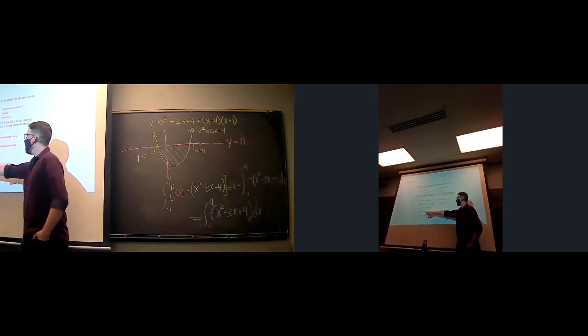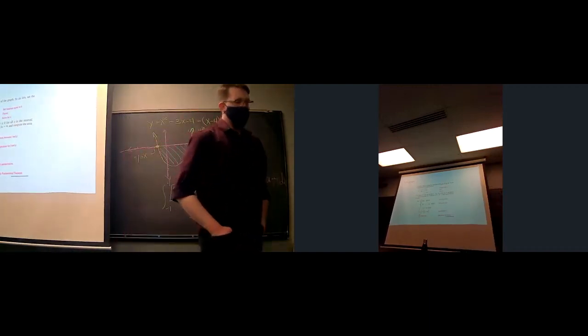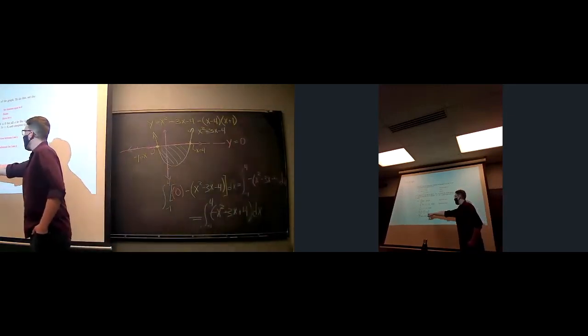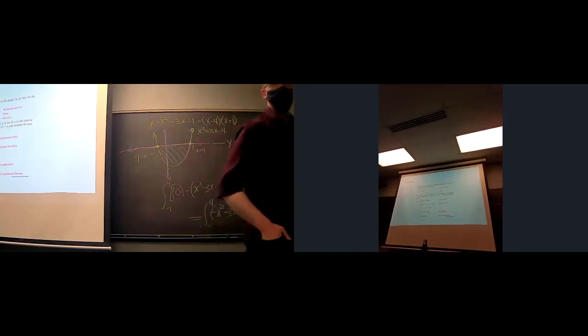Doing the integration, we're going to get negative x cubed divided by 3 plus 3x squared divided by 2 plus 4x, from -1 to 4. So after we do that arithmetic then, we get 125 over 6 square units of area.